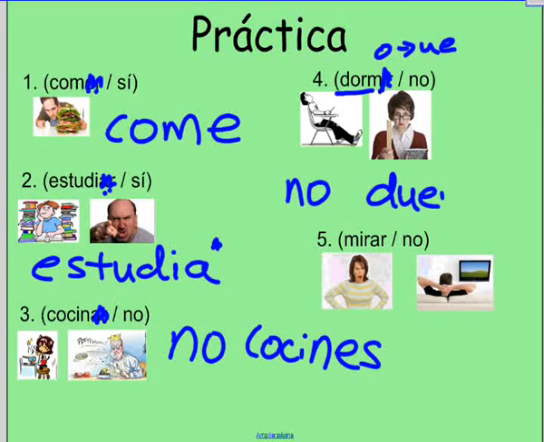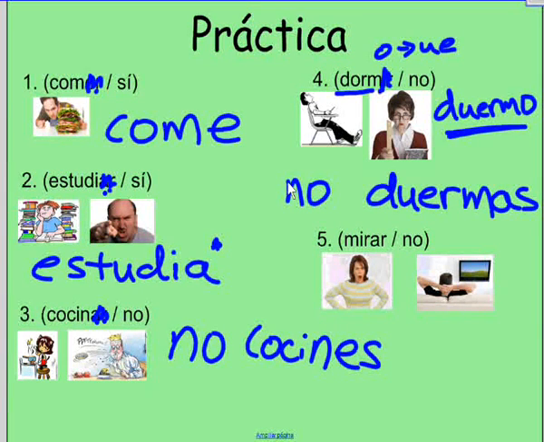So it becomes no duerm. And it's an ER verb, so it takes the new ending of as, no duermas, don't sleep. And again, remember, it's similar to the yo form from the present tense. Say, I sleep is yo duermo. Right, so this is similar to that. We use the same type of conjugation.